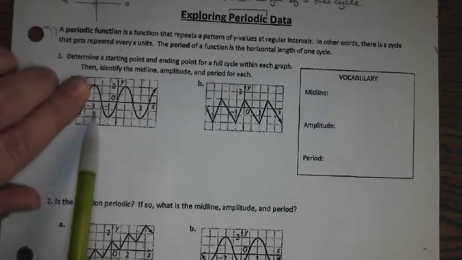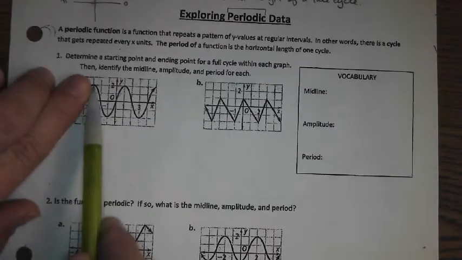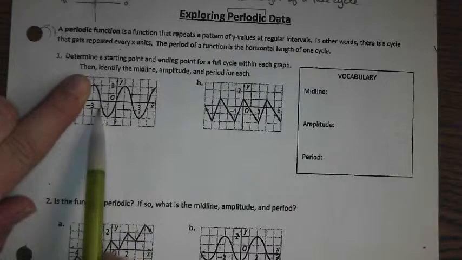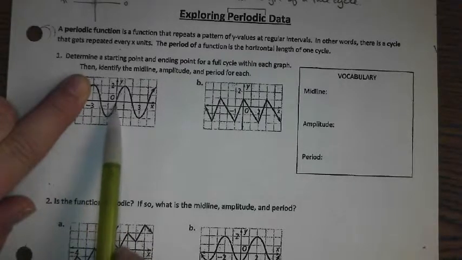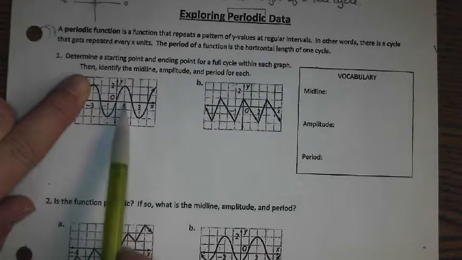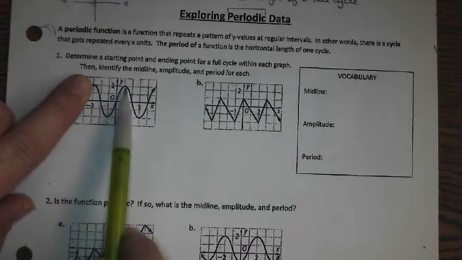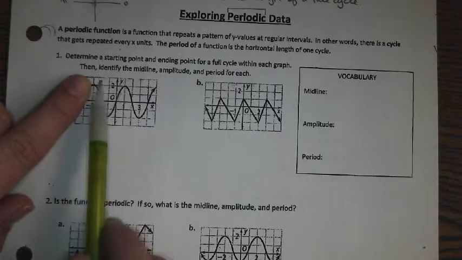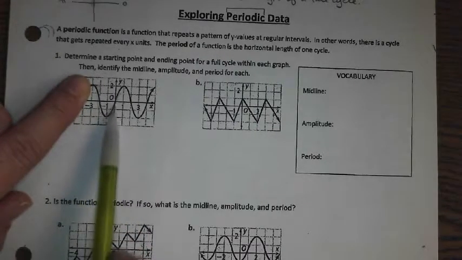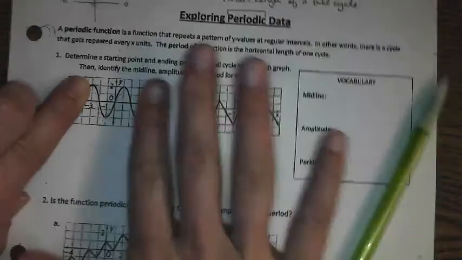Wait a second. My cycle's starting here. When is it going to start repeating itself? Right here, at 1? Like up here. Does everyone see that? That's correct. So if it starts at this maximum, you go down to a minimum and come back up to a maximum, that's your cycle.